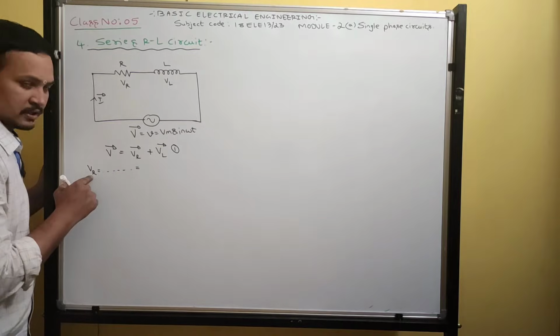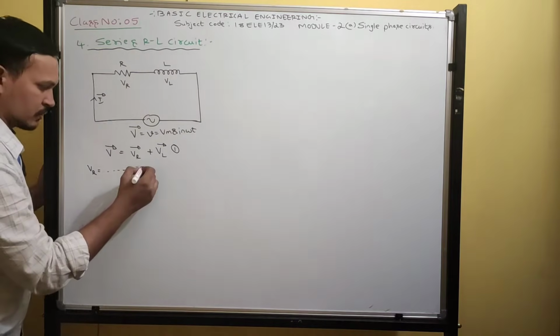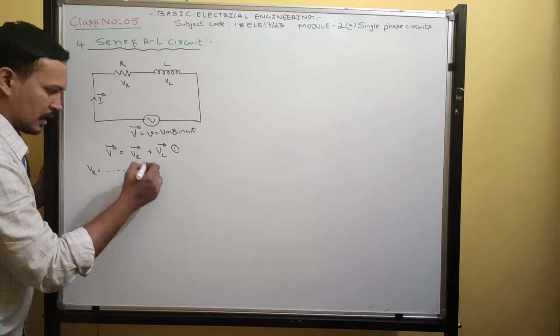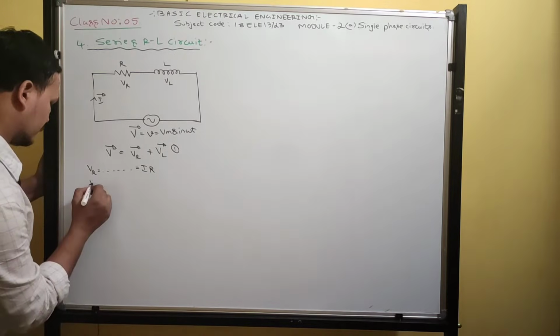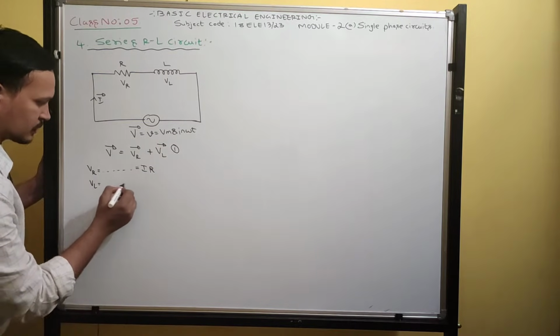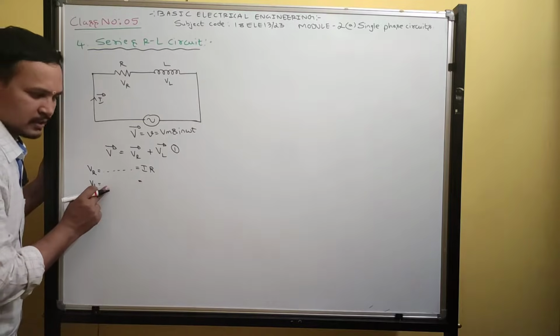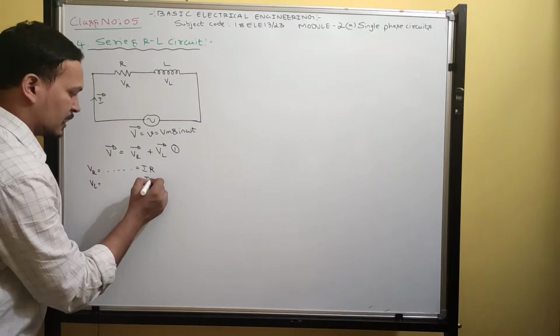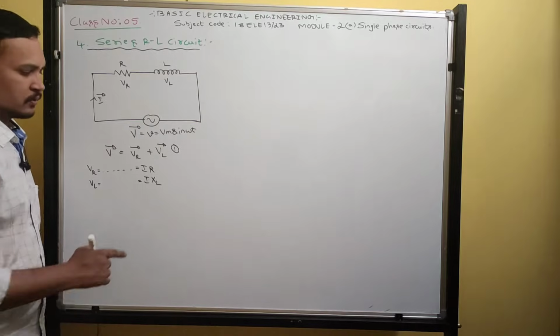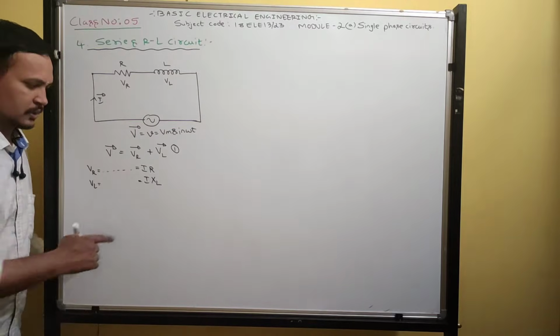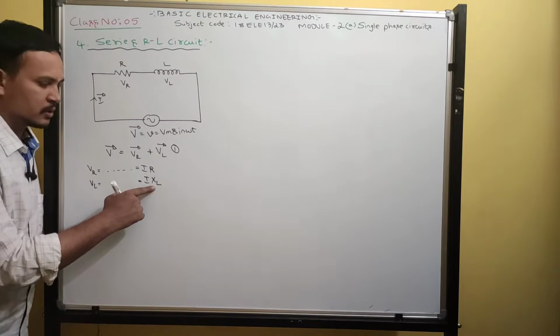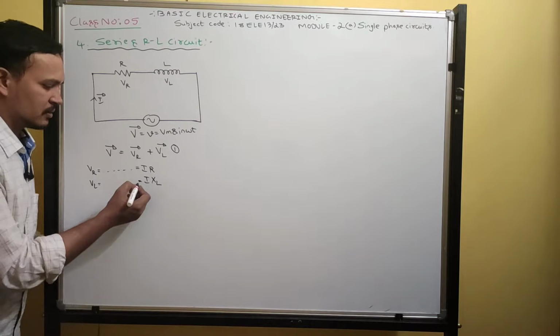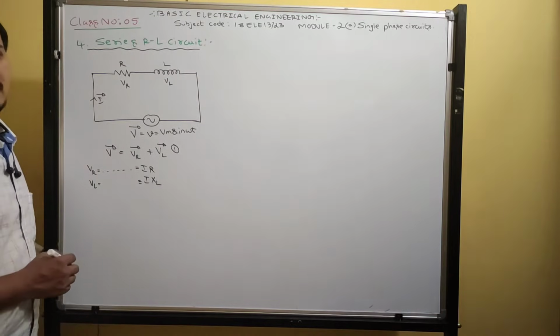VR is nothing but the voltage drop across resistor, that is IR. Next, what is VL? Voltage drop across inductor, and that is I into XL. You write XL, inductive reactance, because its unit is ohms. Don't write I into L, because the unit of inductance is Henry.